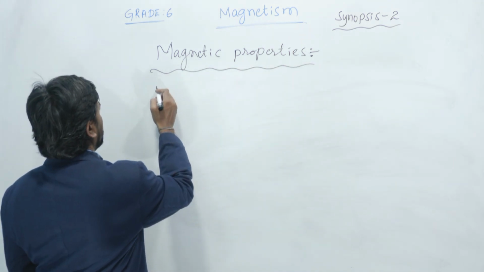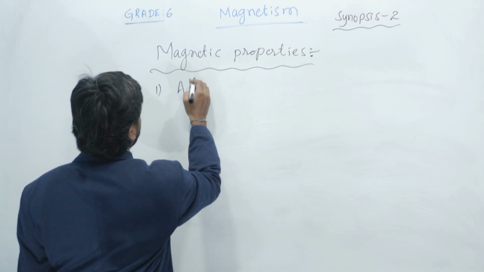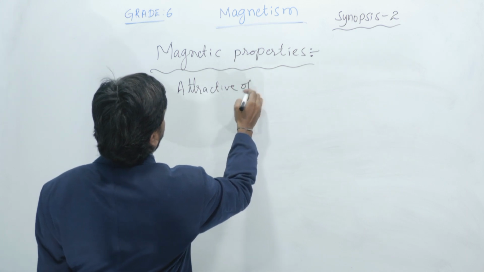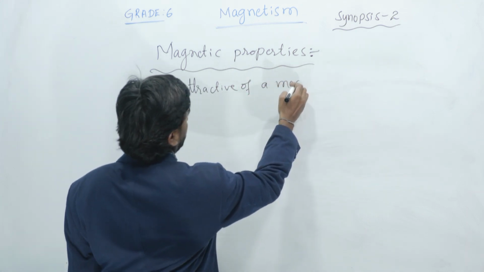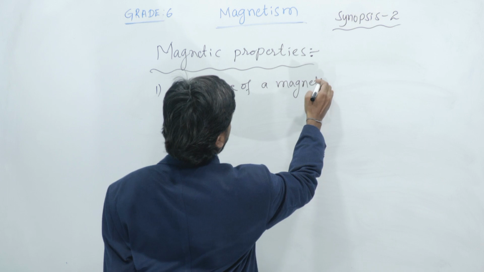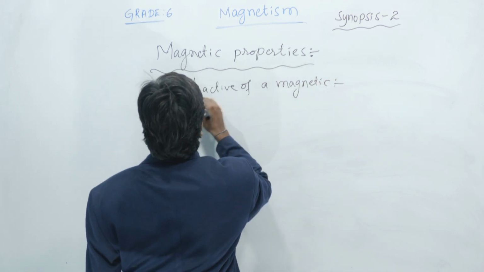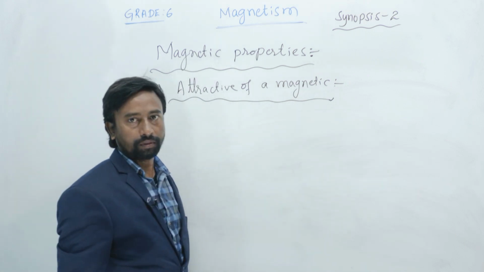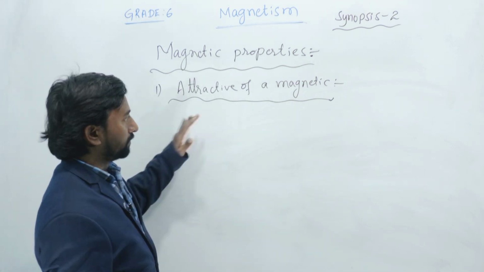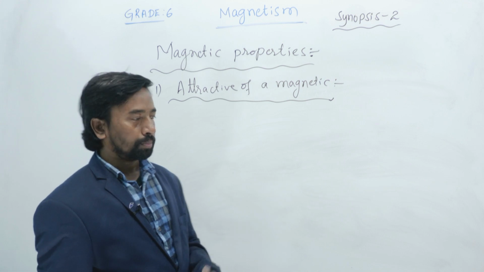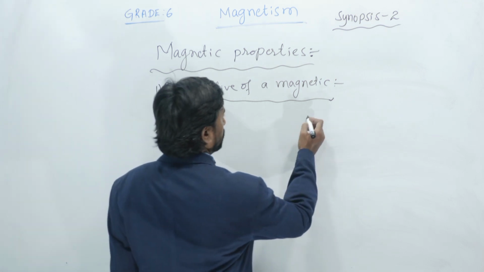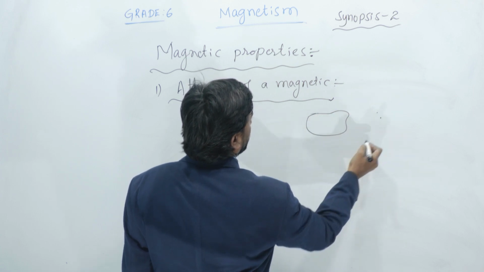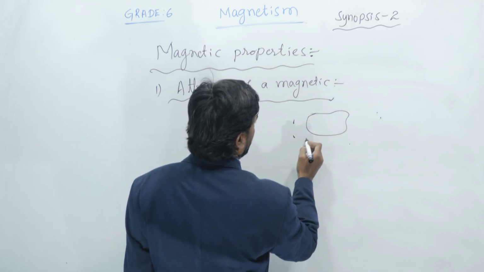First property, we have the attractive property of a magnet. Due to this property only, lodestone was discovered. Every magnet will have the attractive property. Suppose magnetic materials are kept near the magnet.